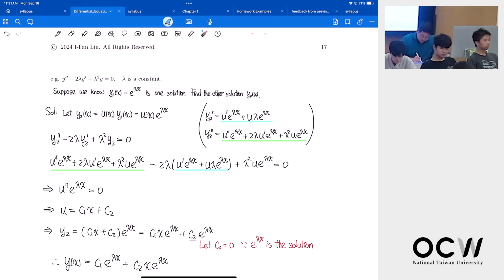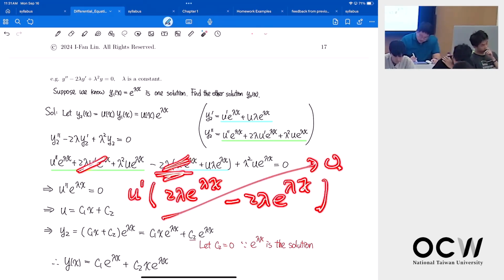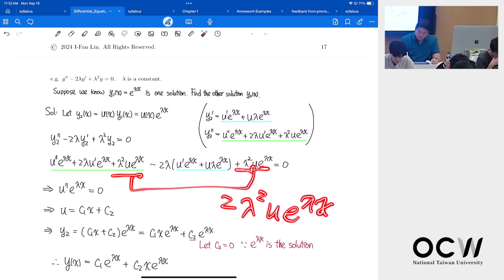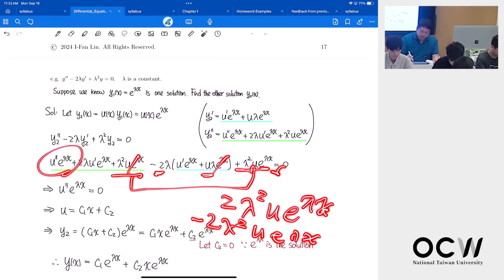So this term, I'll cancel it. Okay, no terms. And then here we have lambda squared u e to the lambda x. Okay? And now minus here, minus lambda squared u e to the lambda x. So they all cancel out. So I only have the first term equals 0.